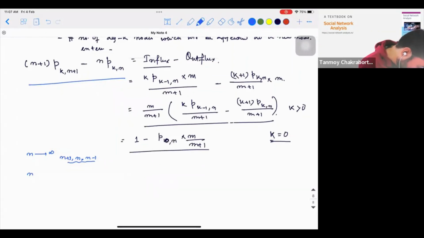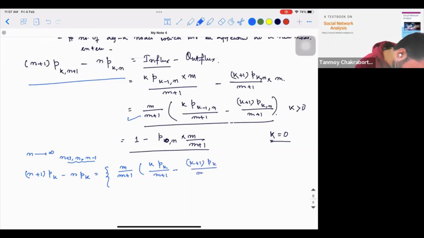So (n+1)pk minus n pk equals two cases: m by m plus 1 times k pk by (n+1) minus (k+1) pk by (n+1) when k is greater than 0.